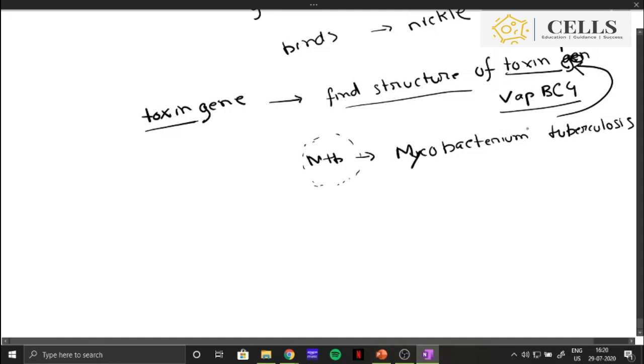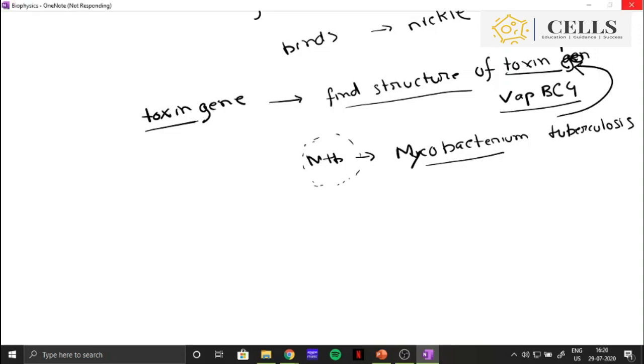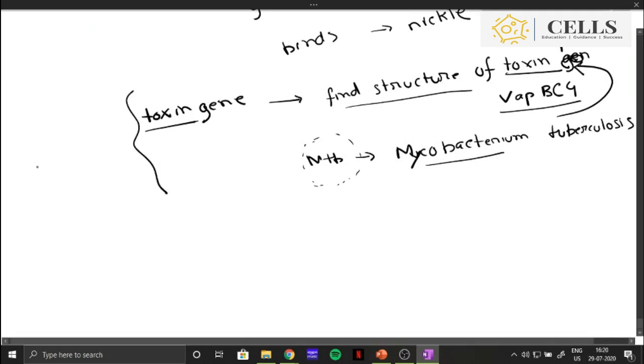So you need to find the structure of the toxin in order to aid further research about Mycobacterium tuberculosis. Knowing the structure can help you make antibiotics or macromolecules specific for that toxin protein, so that the bacteria can't evade antibiotic resistance. Suppose this is your main research proposal.